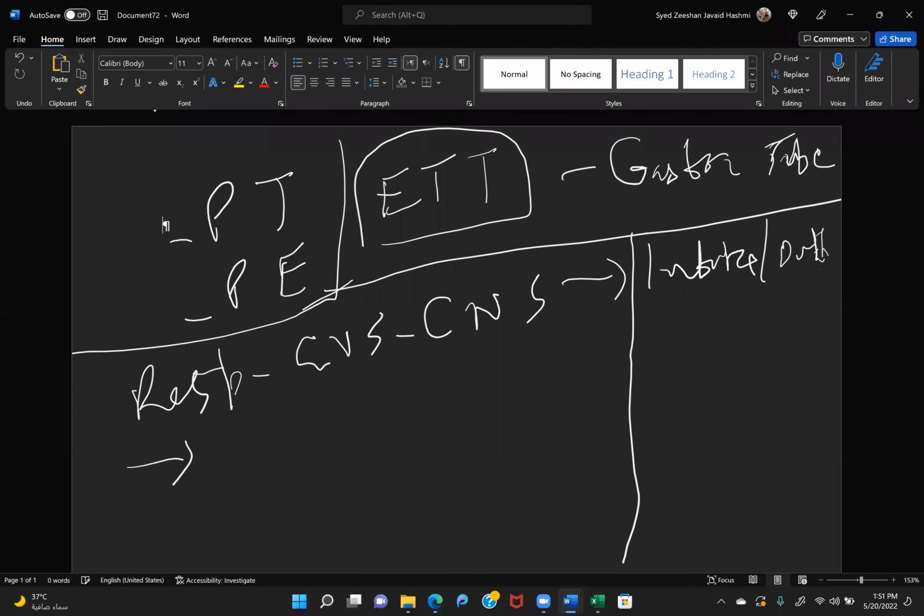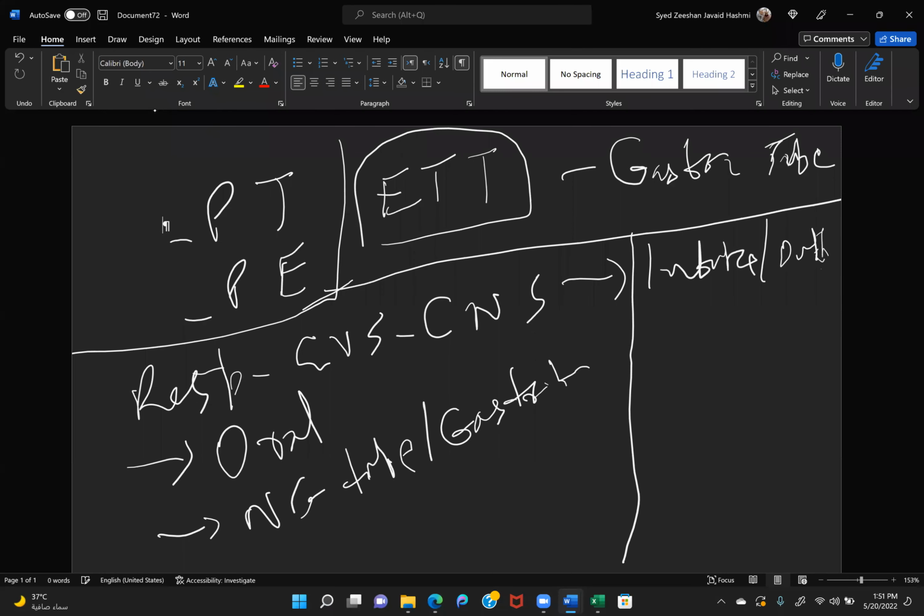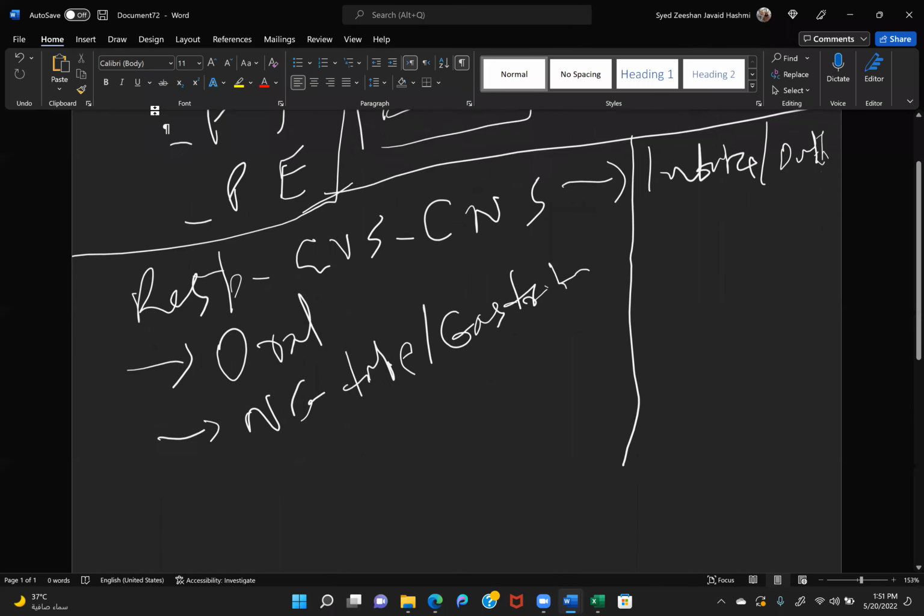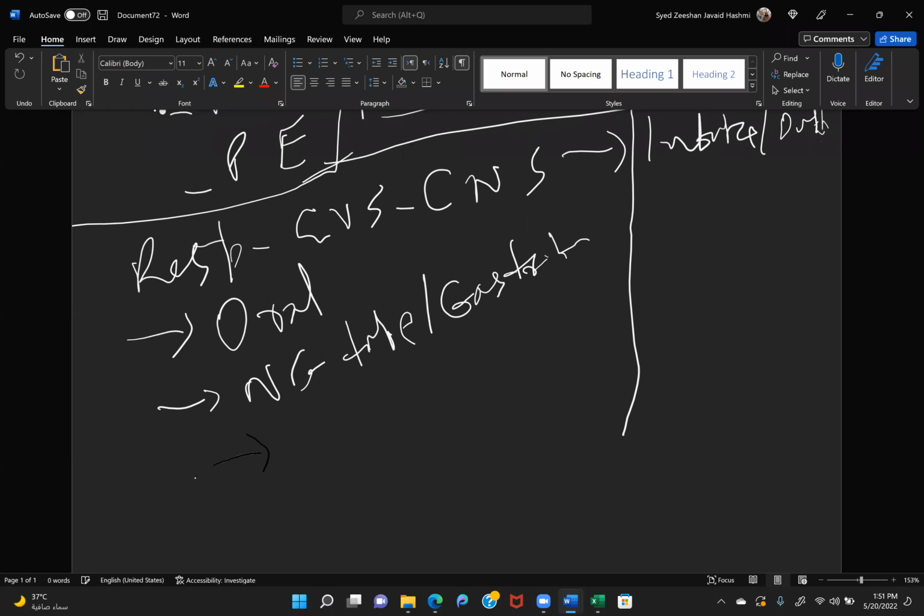So intake may be oral, through an NG tube or gastrostomy tube, or it will be IV.